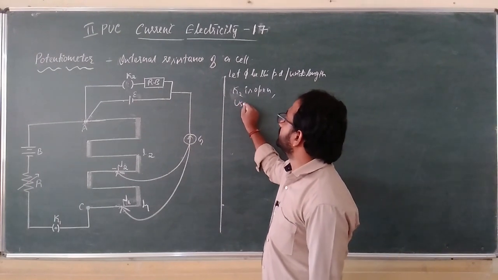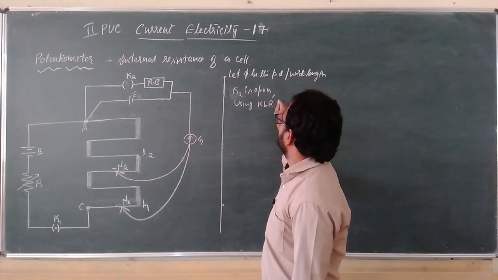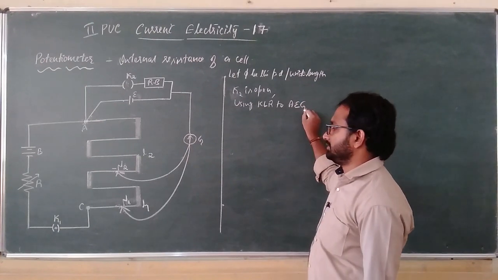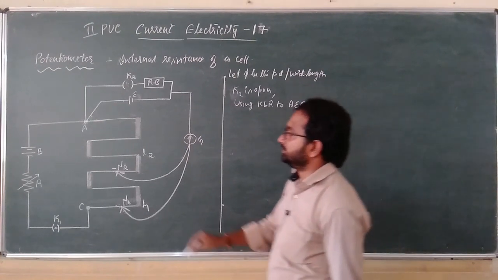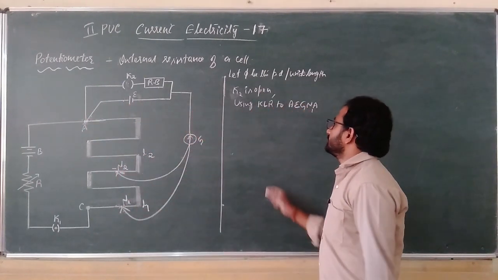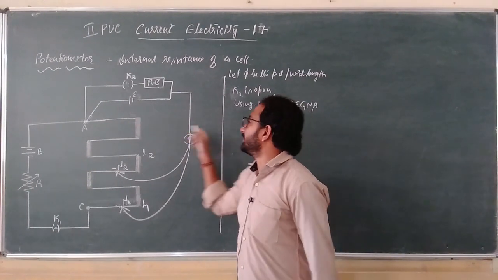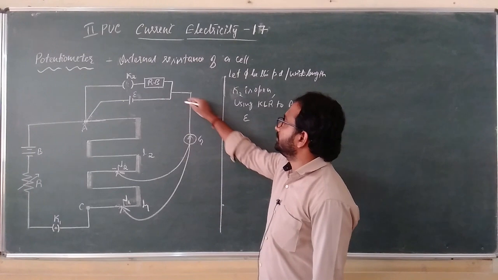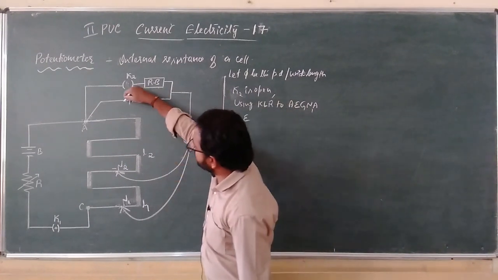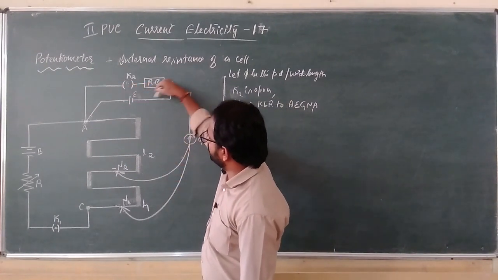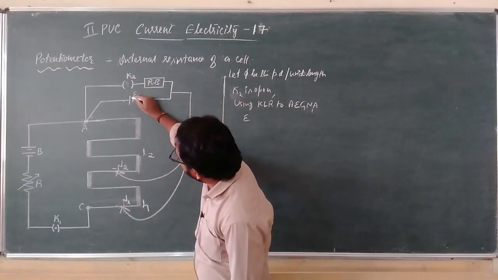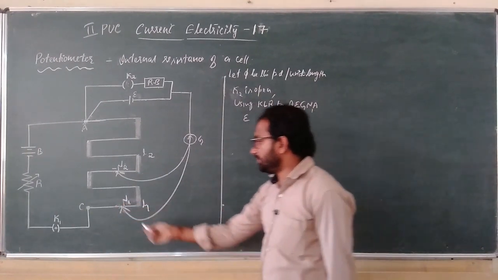Using Kirchhoff's loop rule for the loop A, E, G, N1 and back to A, you first get the positive electrode, E. There is no current flowing through the galvanometer, so the potential of the negative electrode and the potential of N1 are the same.